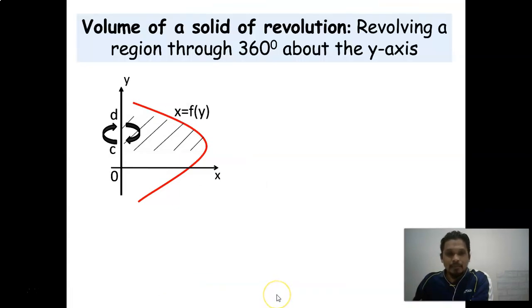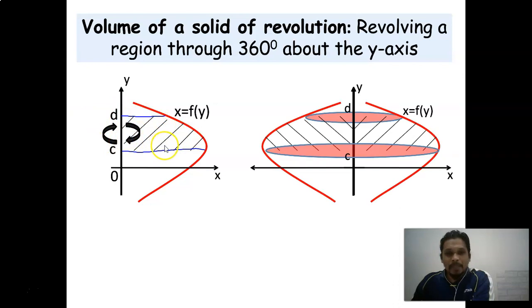And also the volume of a solid of revolution, revolving a region through 360 degrees about the y-axis. Just imagine that this is the area, and then this area is rotated 360 degrees about the y-axis. You can name the shape of this one, it might be like a drum.